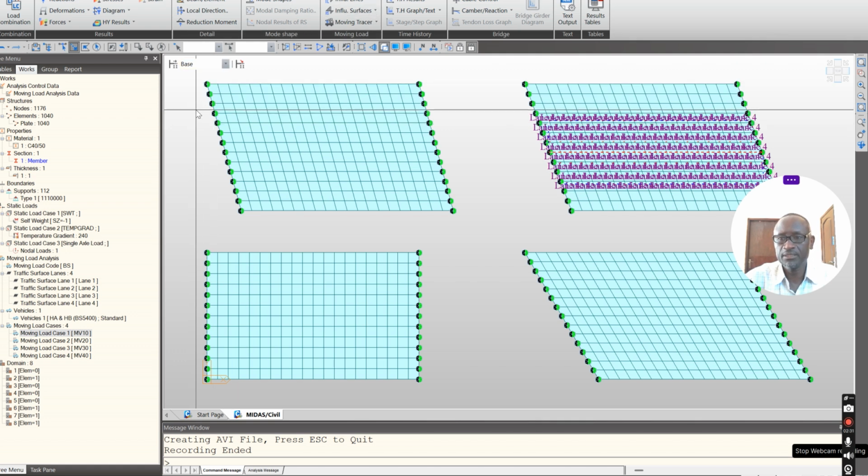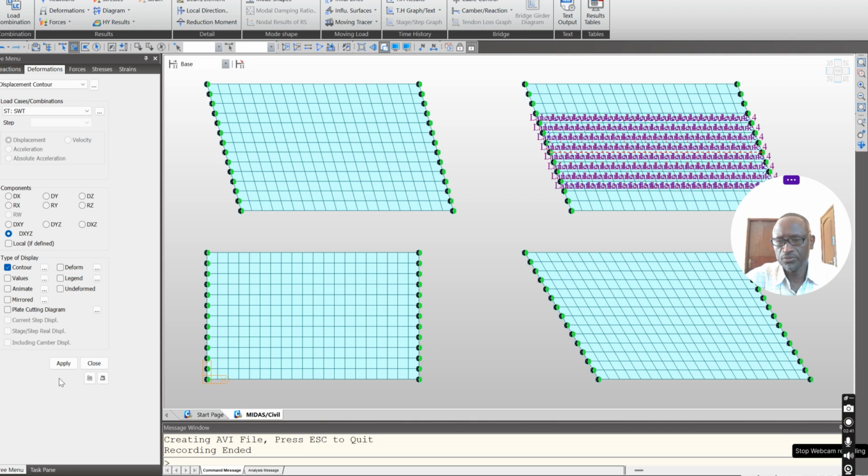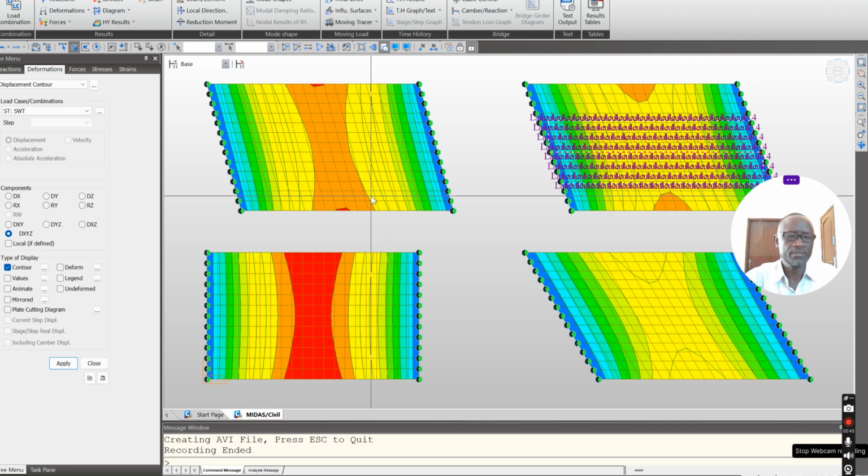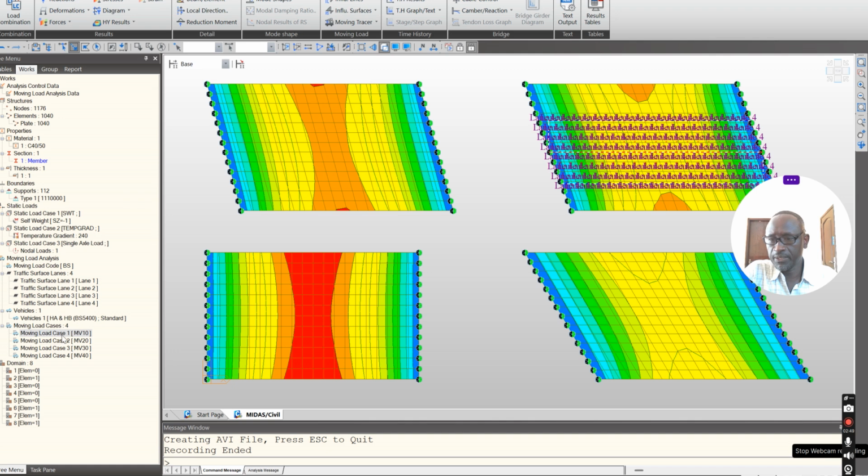From the analysis, when you run the design, you look at the deformation due to self weight. But before that, let me remove the lane.